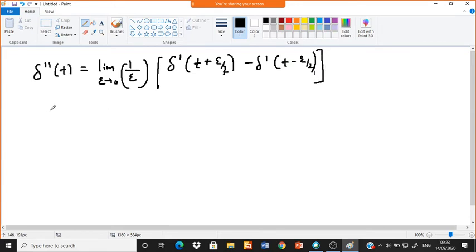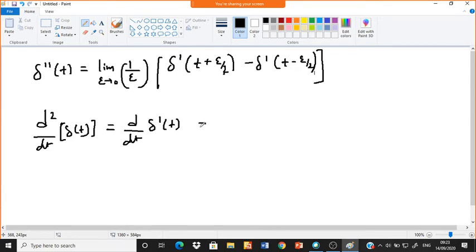Now we can write this as d square by dt square of del of t, or as d by dt of del dash of t, which is the first derivative.